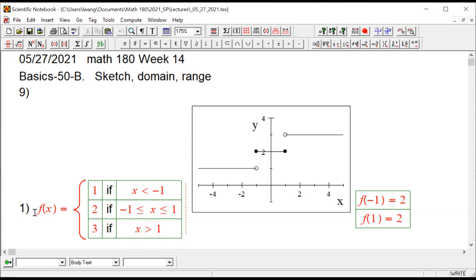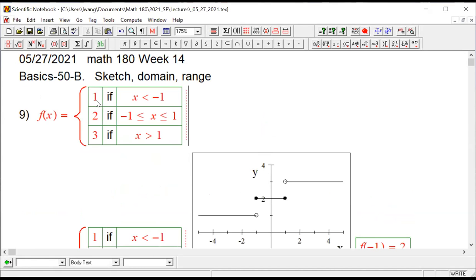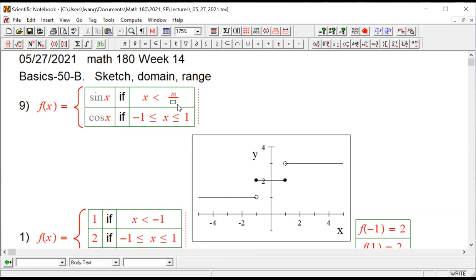Number 9, we have 2 pieces. One piece is sine x for x less than pi over 4. The other piece is cosine x for x greater than or equal to pi over 4.